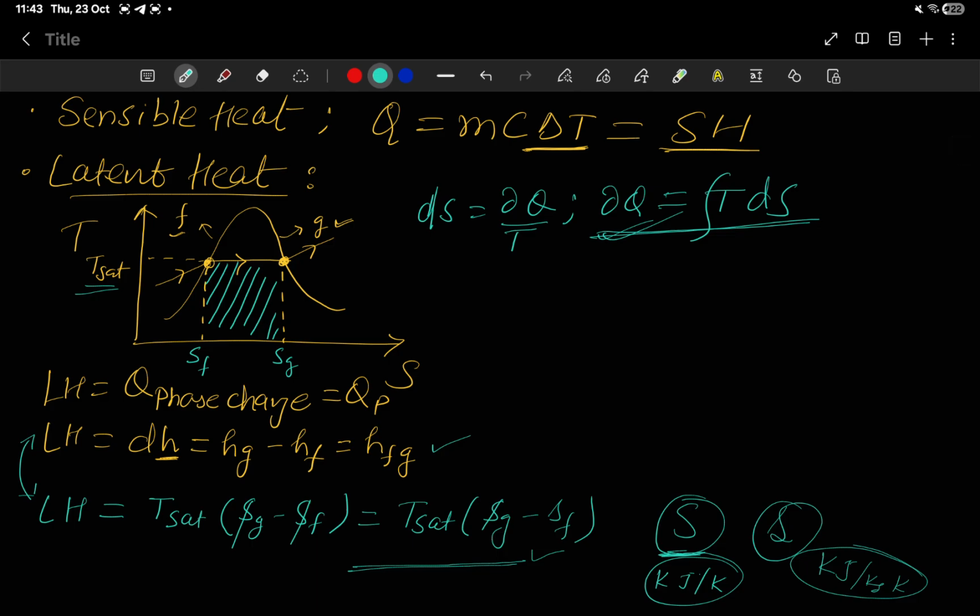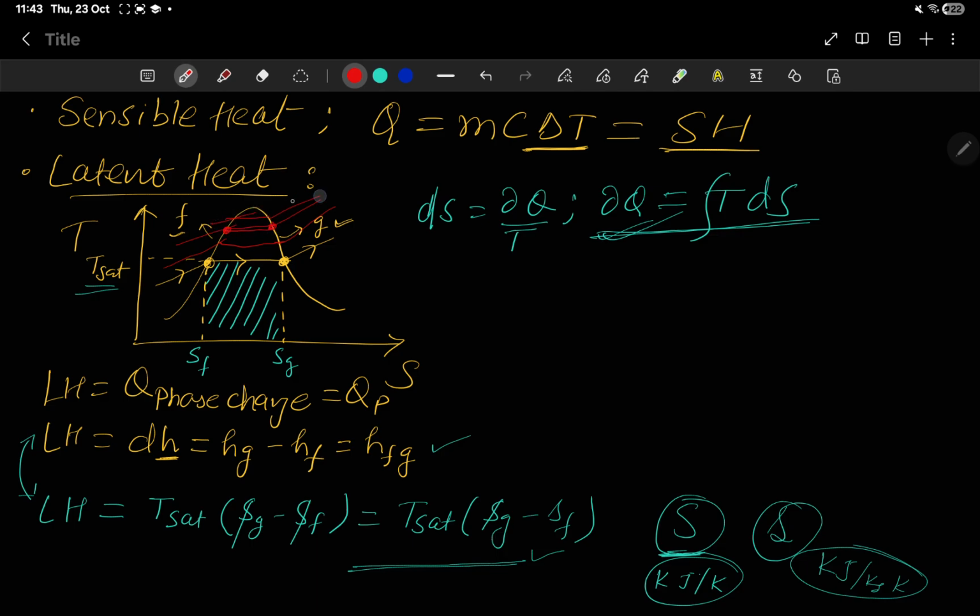Now one important point. If you look at this figure, as the pressure is increasing, this difference is going to reduce.